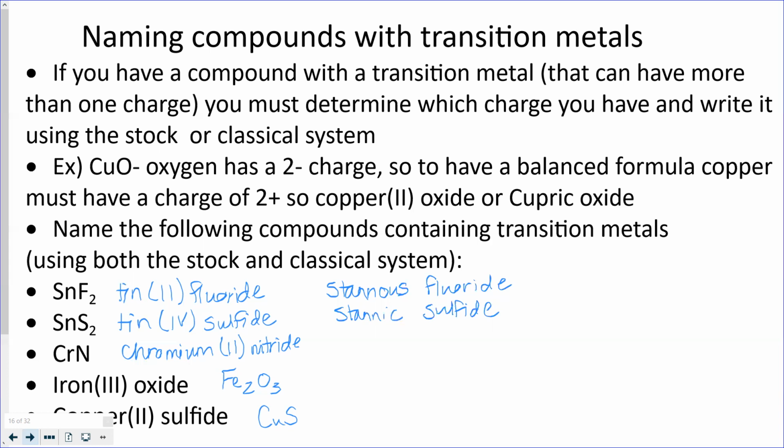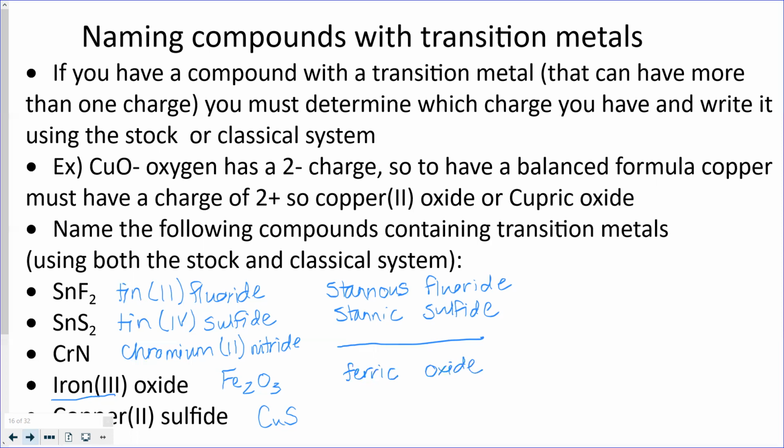We would not need to do classical with chromium because it is not one of our 5. But we can do classical with the iron. So iron 3 oxide, we said iron can be a +2 or a +3. +3 is the higher charge, so we said this would be ferric. And then oxide would be our anion name. Same thing with the copper 2 sulfide.